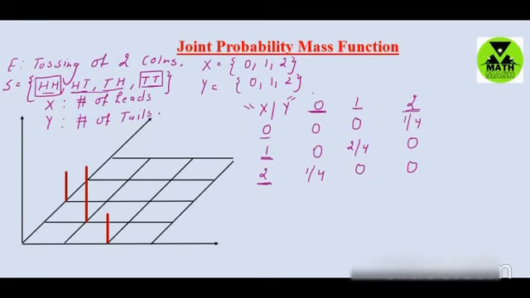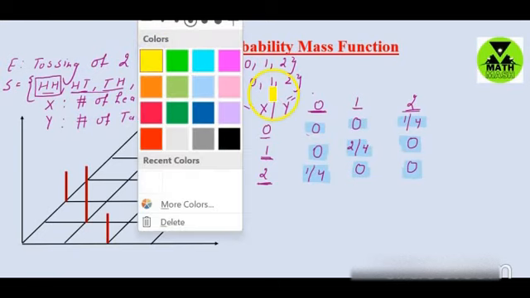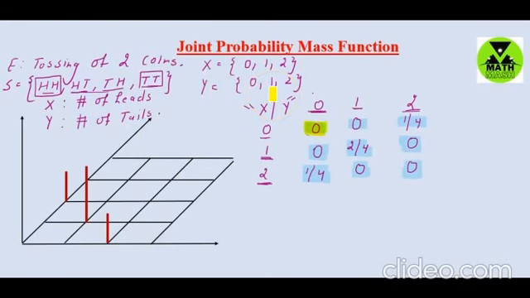Now, if we want to check whether this is a correct probability mass function table, a correct joint probability distribution table or not, for that, what are these? These points, if we look at this one, this one, this one, what do these represent? These represent the probabilities. This first point represents the probability at x equals 0 and y equals 0.